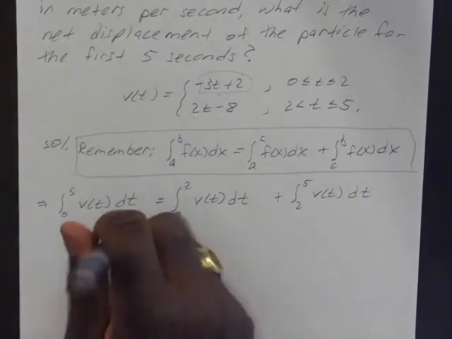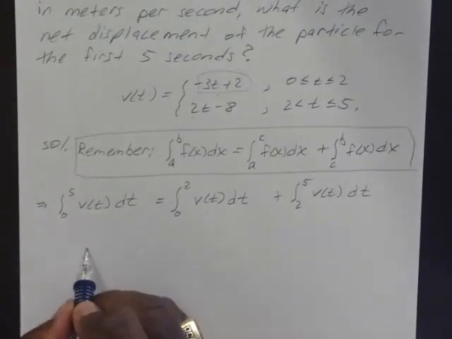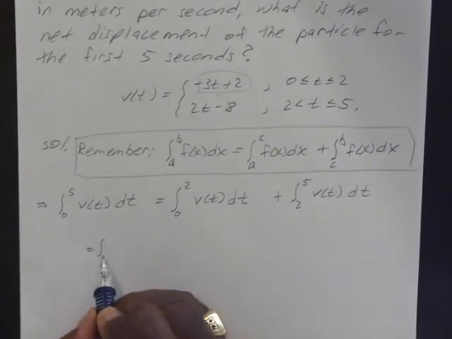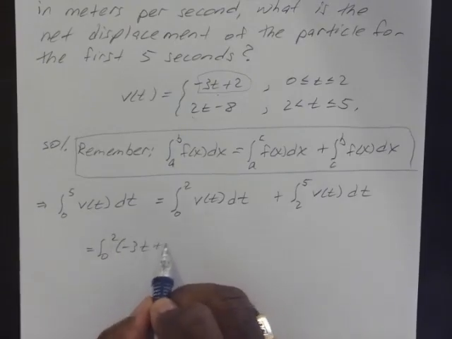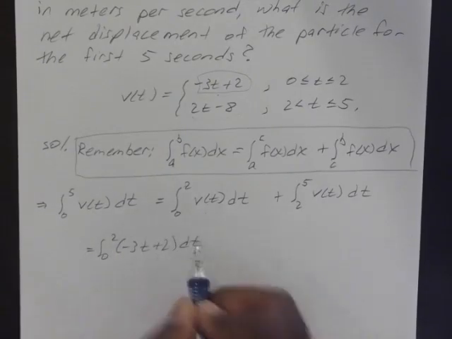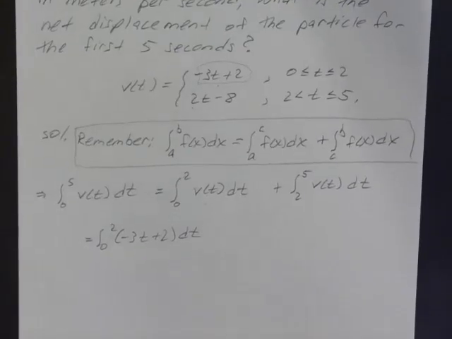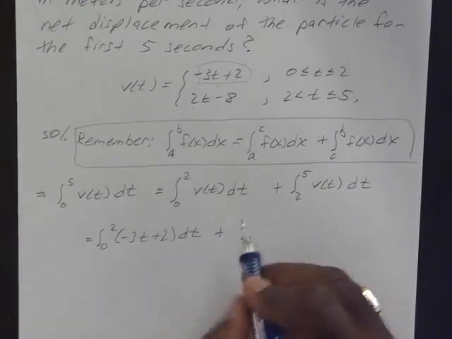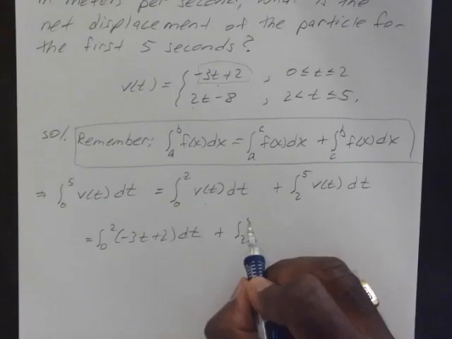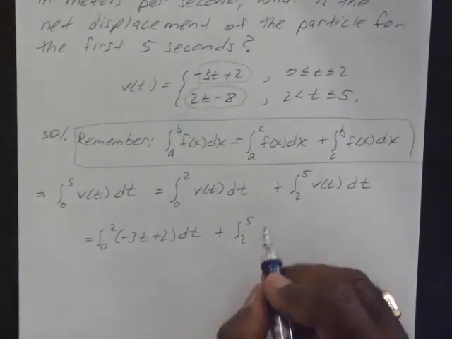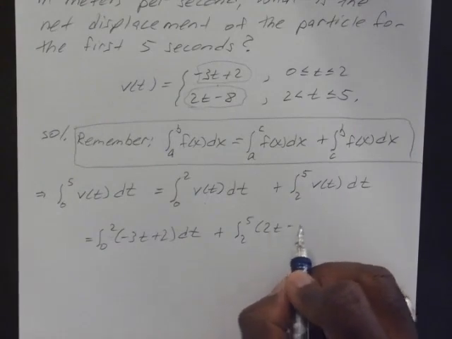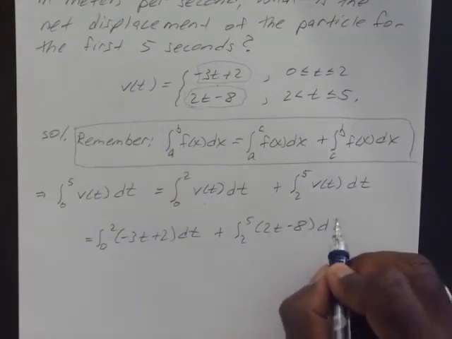So we have the integral from 0 to 2 seconds of negative 3t plus 2 with respect to t. Plus, now from 2 to 5 seconds, this is our velocity function. So we have 2t minus 8 with respect to t.